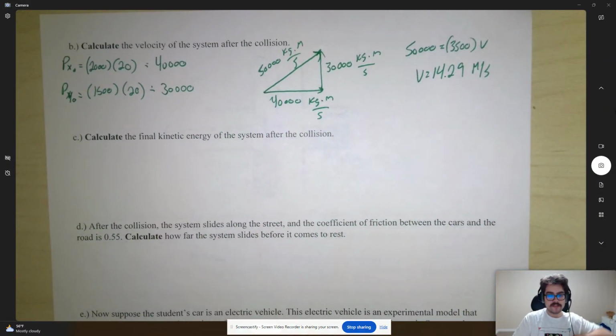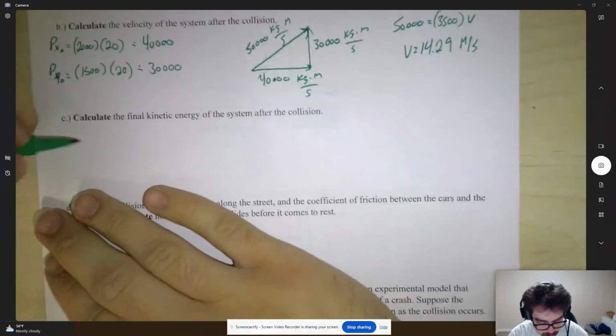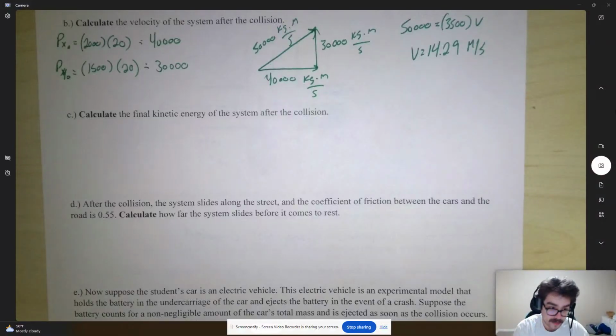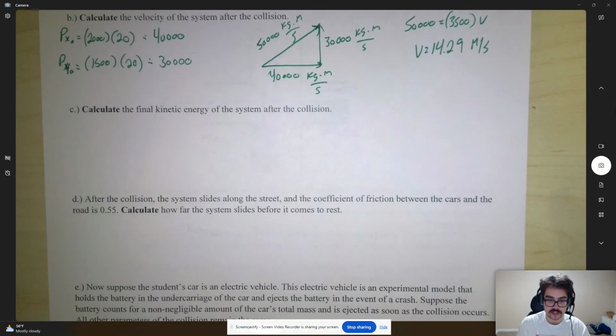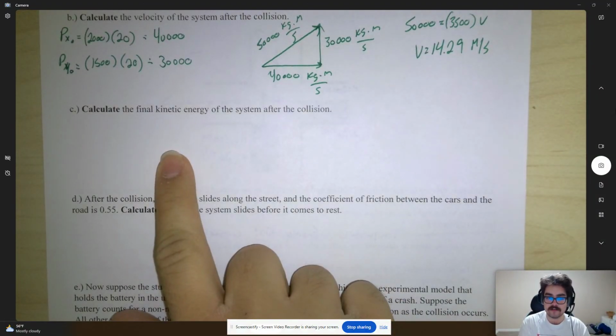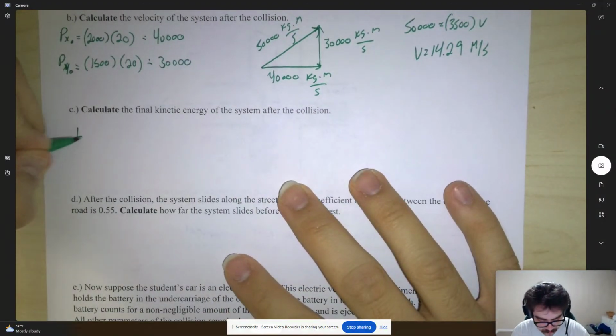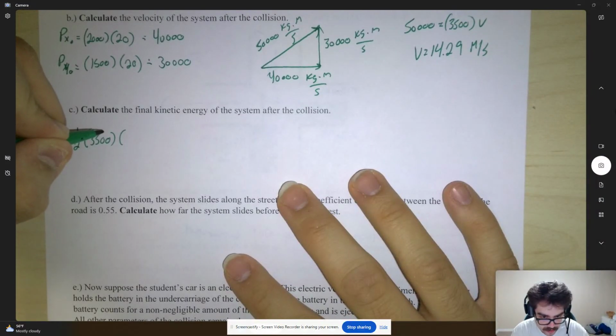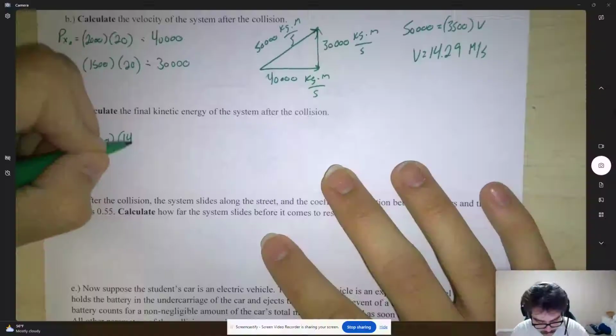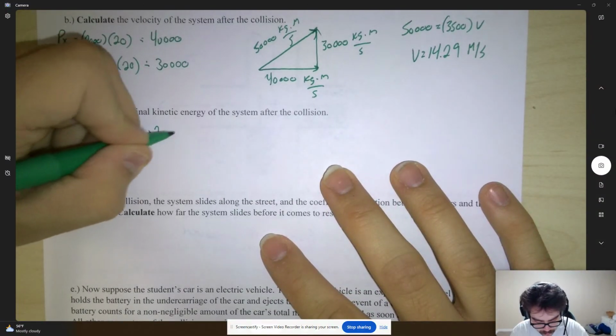Calculate the final kinetic energy of the system after the collision. Right. My final kinetic energy, I can actually just solve because it doesn't want me to do conservation of energy. So my final kinetic energy of the system is just going to be 1/2 the combined mass, which is 3,500, times the velocity, which is 14.29, squared.